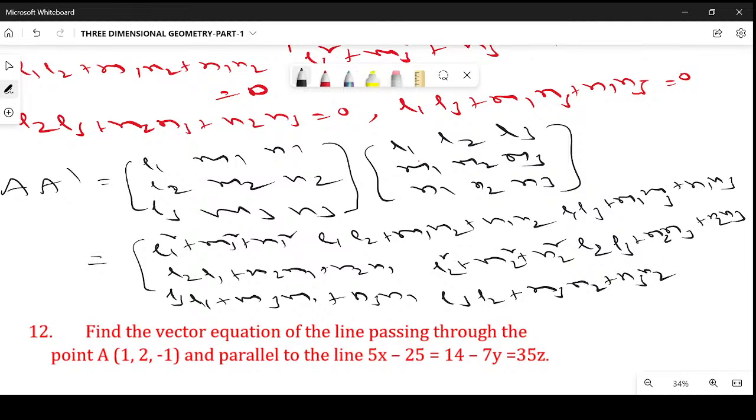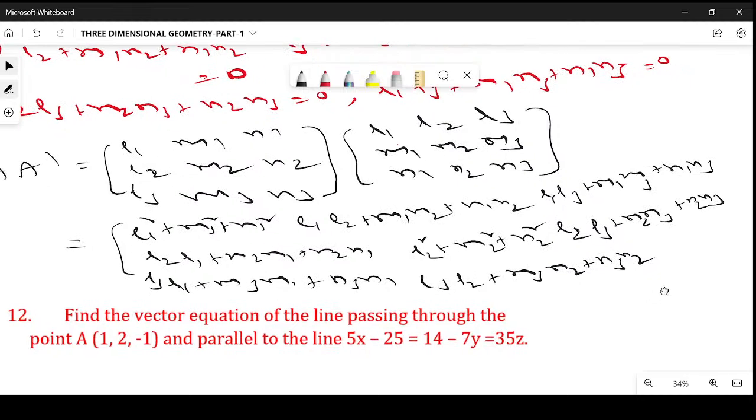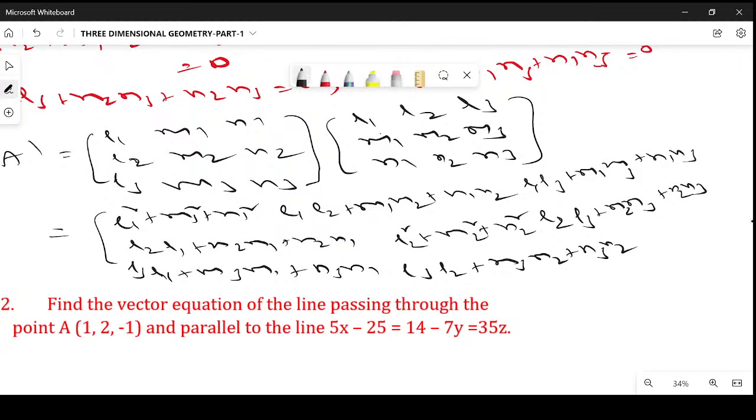The last one will be, just observe here, just multiplication of matrices, L3 square plus M3 square plus N3 square. I can complete the matrix. Then according to the above values, you will get 1 0 0, 0 1 0, 0 0 1.